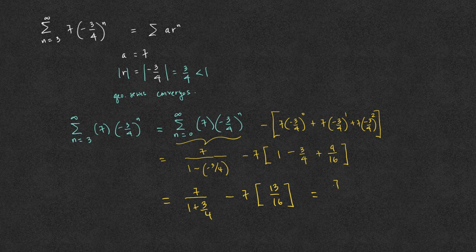This is 7 over 1 plus 3 over 4, which is 7 over 4. Minus 7 times 13 over 16 is 91 over 16. This is 4 minus 91 over 16. Simplifying this, we will have negative 27 over 16.